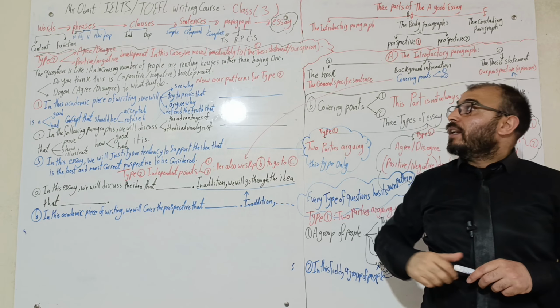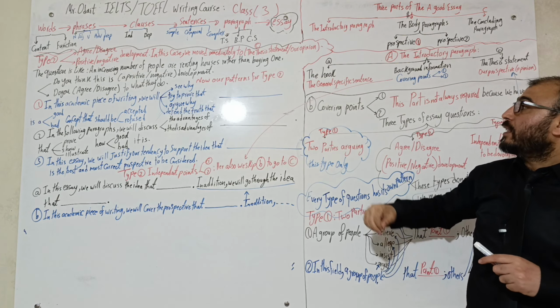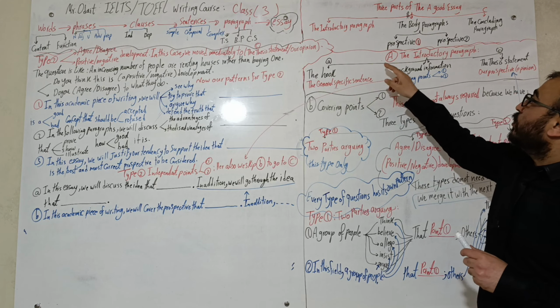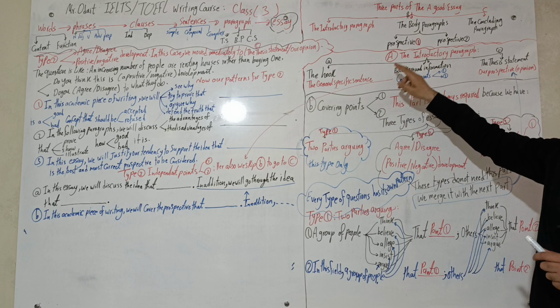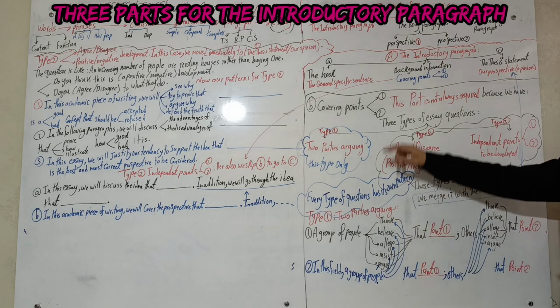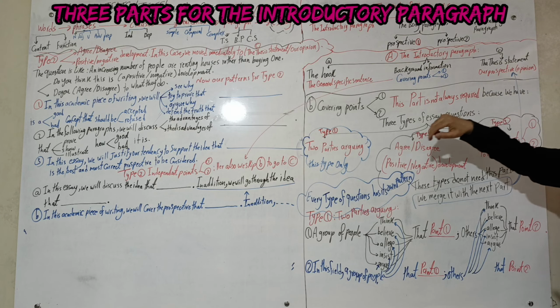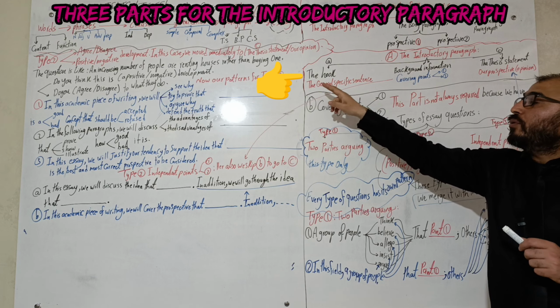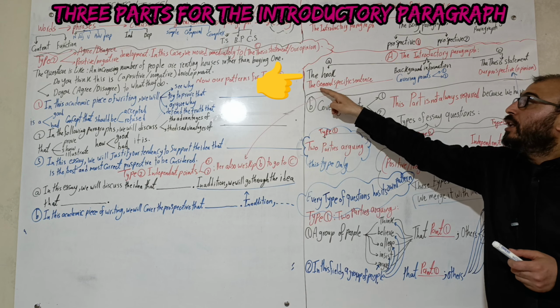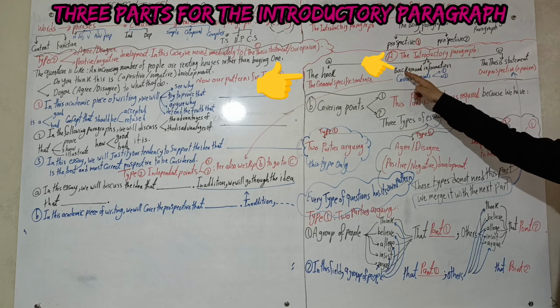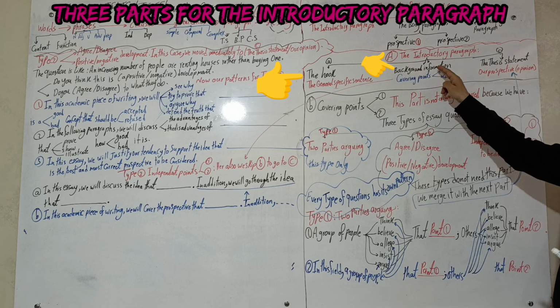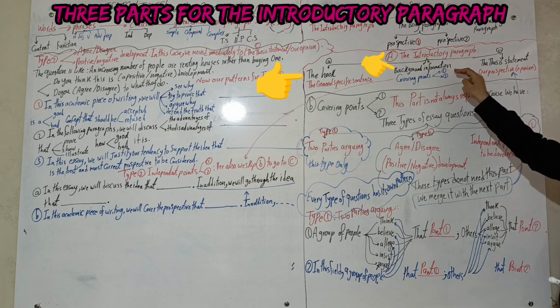And in the previous class, we started talking about the introductory paragraph, and we said that an introductory paragraph is made up of three parts. The first one is called the hook, which I prefer to call the general specific sentence. The second is called background information, which I prefer to call covering points 1 and 2.